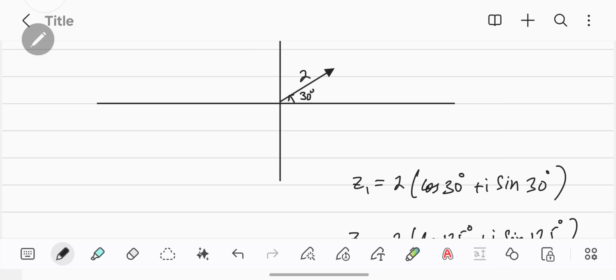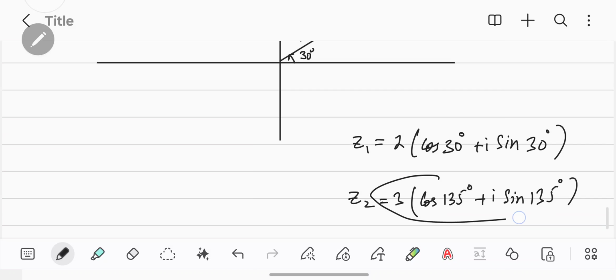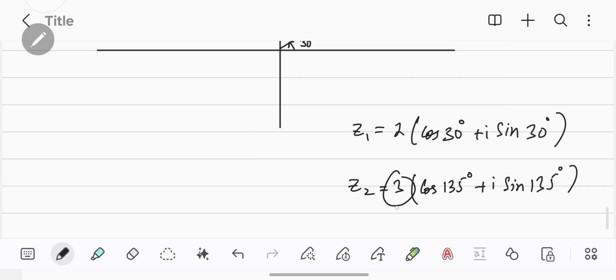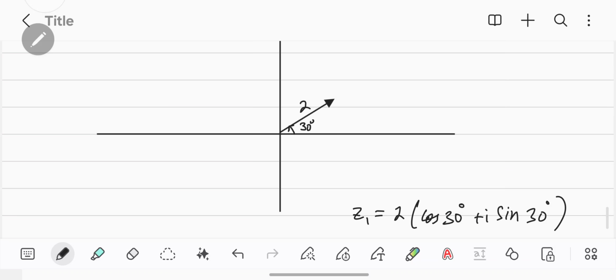In order to draw Z2, I have to draw another vector whose length is 3, but whose angle is 135. So if I draw an angle of 135, it will be here.